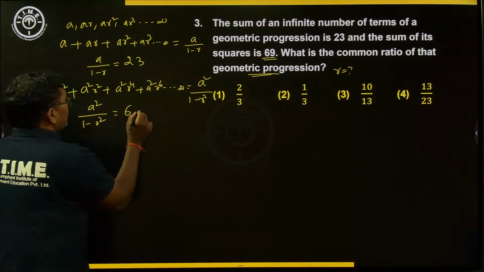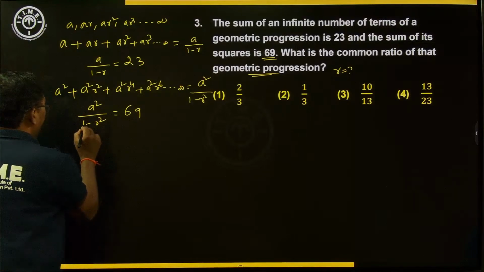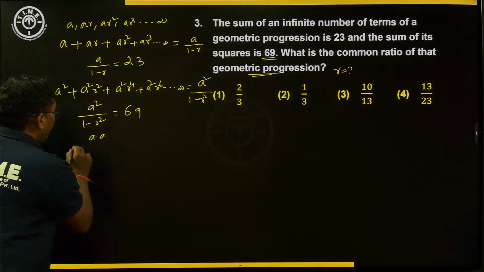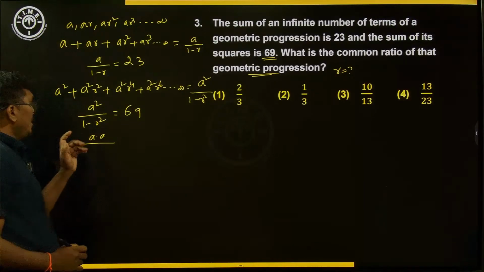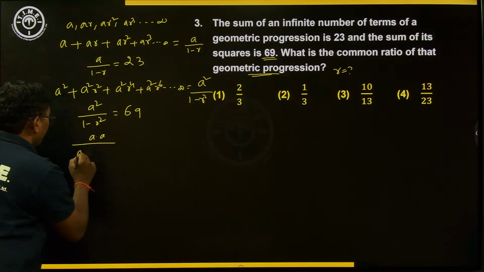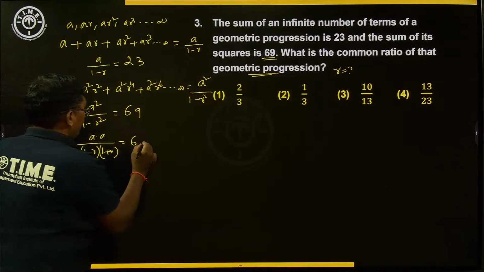This is given as 69, right? So if you rewrite this equation, A square by 1 minus R square, where 1 minus R square can be written as 1 minus R into 1 plus R, since a square minus b square is a minus b into a plus b. So A by 1 minus R into A by 1 plus R is equal to 69.